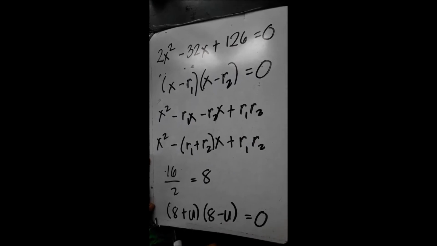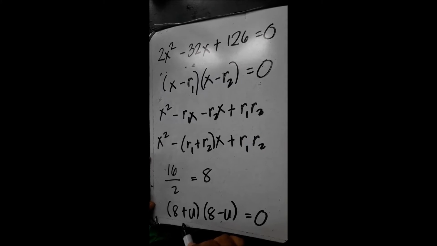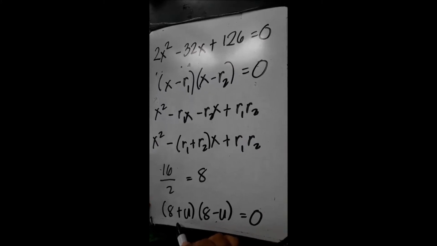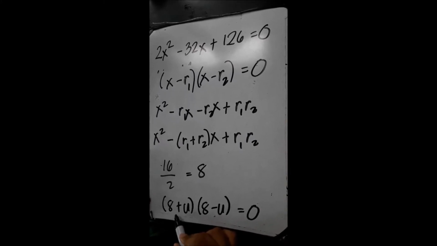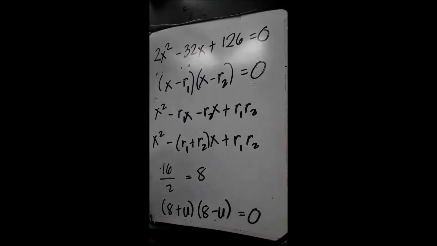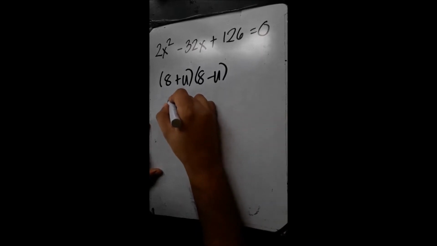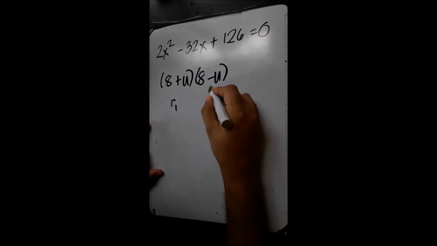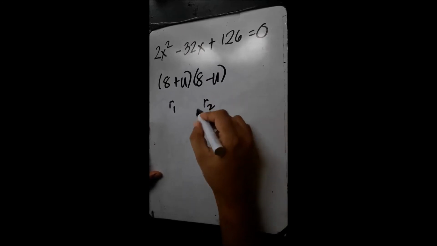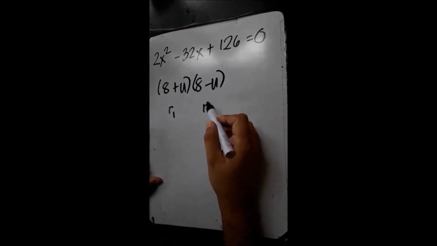Now notice the 8 plus u and 8 minus u, these are the roots that we found on the last step. So this 8 plus u is our root 1, the first root, and 8 minus u is our root 2. And if we multiply root 1 and root 2, this is simply equal to the constant.